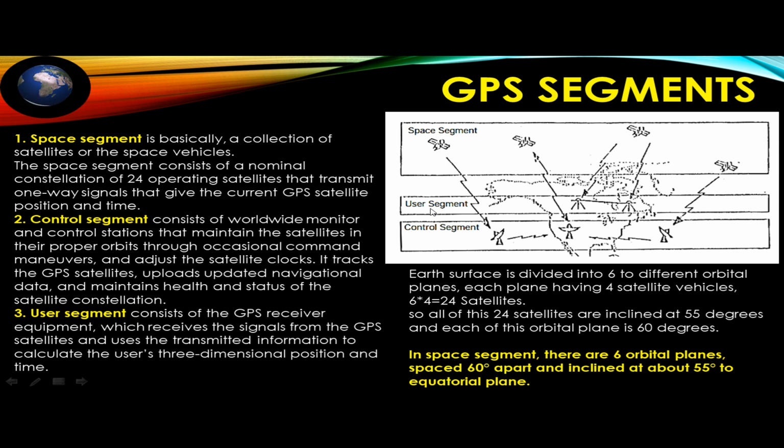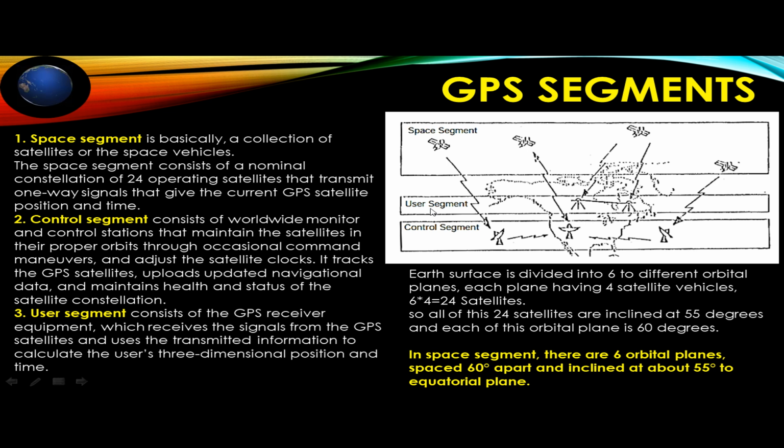GPS is the provider of all these things. The space segment satellites are tracking these things, the control segment uploads this updated information, and the user segment uses this information for their own purpose, making the 3D position and time information for further calculation.